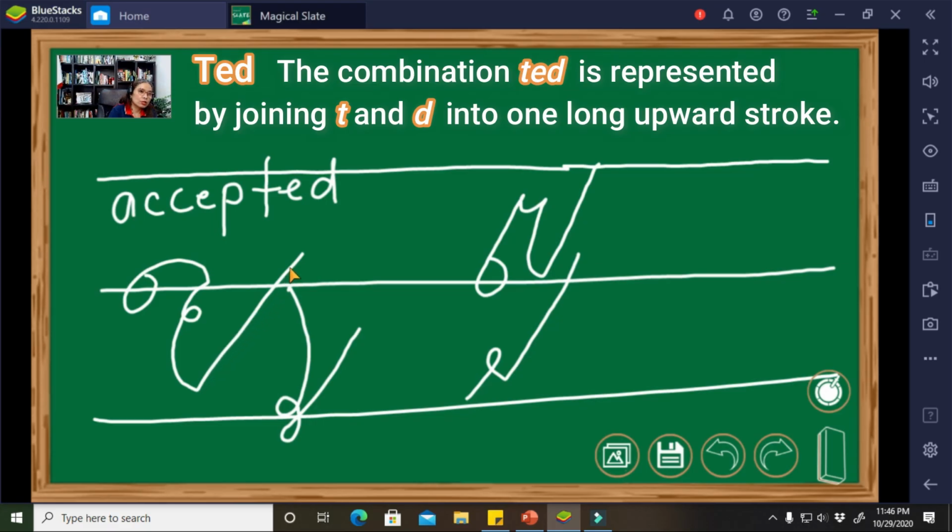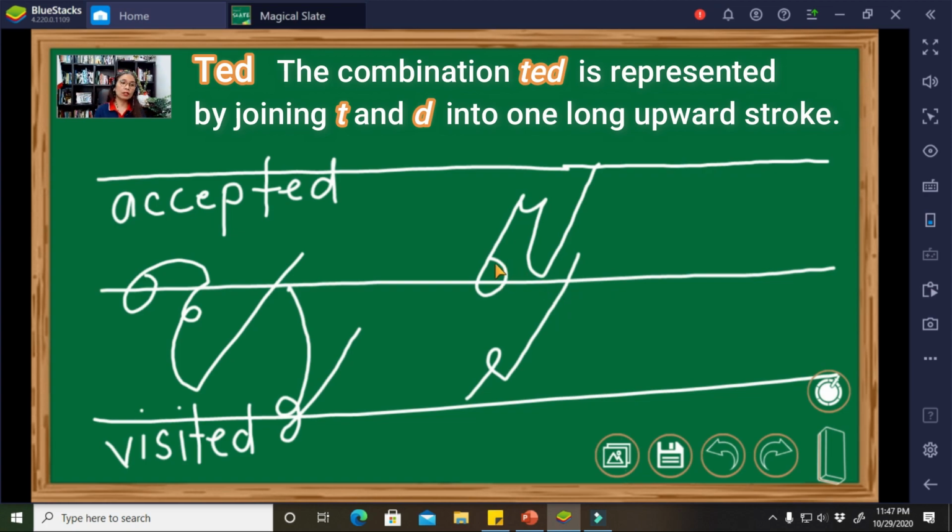There, this is your TED. Then V and E and S, and then E and TED. So the word is "visited." Very good. Visited. That is the word.